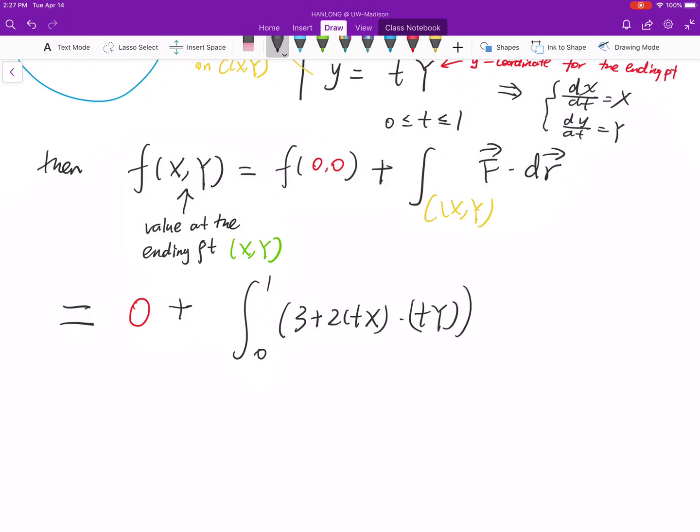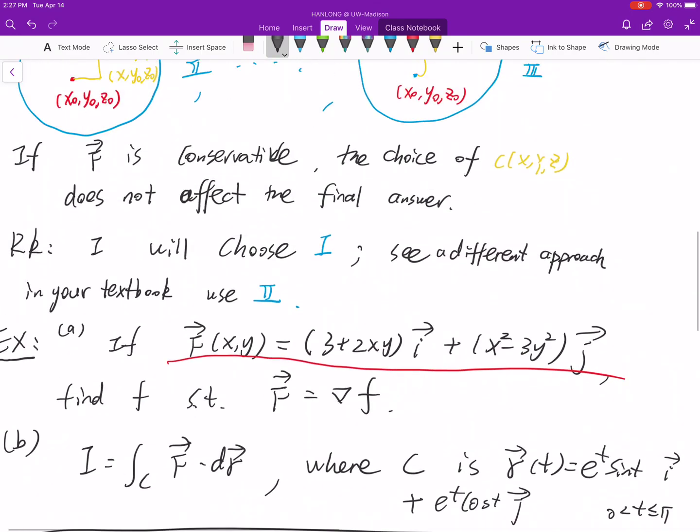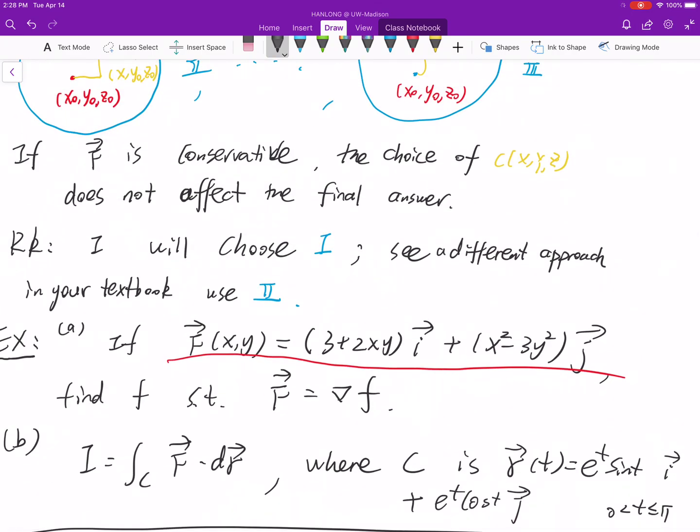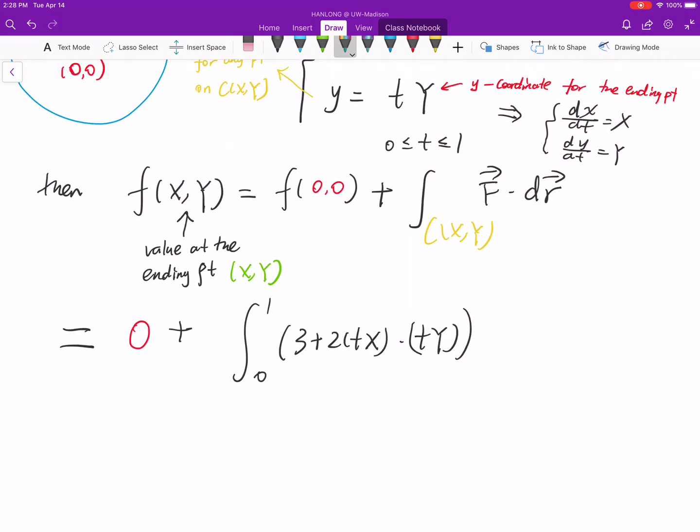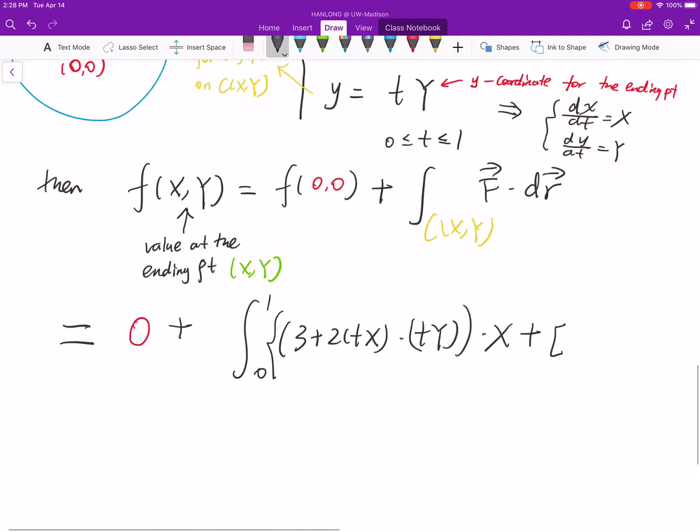This is because you have this term here. You just plug in, and then times dx dt. Therefore, you have times x, and secondly, you have here x squared minus 3y squared.